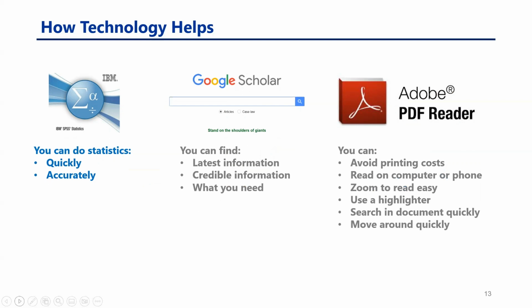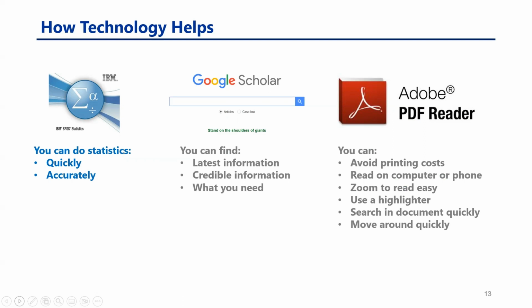You don't have to do all those calculations yourself. With academic search engines like Google Scholar, ERIC, and others, you can find the latest and most credible information. And you can search for exactly what you need to do your research.